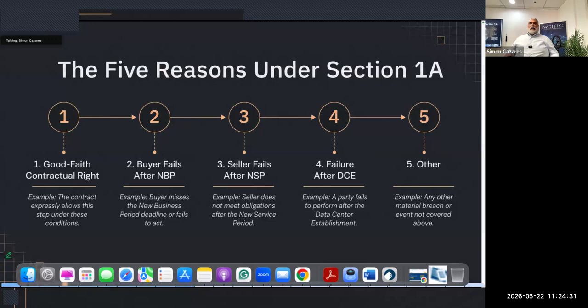Both have responsibilities. It's not just a one-sided agreement. The buyer can also tell the seller, hey, you haven't performed on your obligations, I am now sending you the demand to close, the demand to perform. And if you don't perform, me as a buyer, I have the right to cancel. Now, what are some of the things that a buyer can do to the seller for a notice to seller to perform?